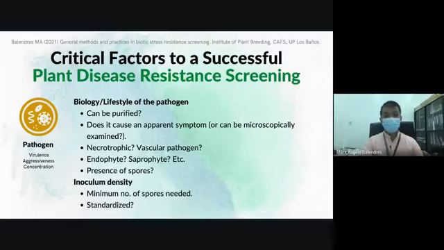For inoculum density, I mentioned earlier that for fungi it would be 10 million spores per mL. For bacteria, at least 1 million CFU, or colony forming units, per mL. You usually need to standardize that so that next time you'll use the same concentration.